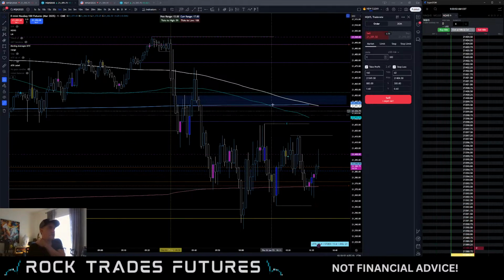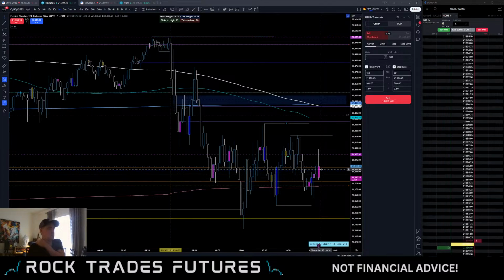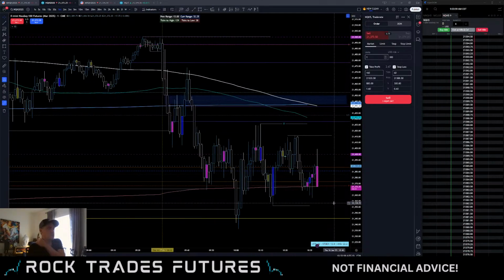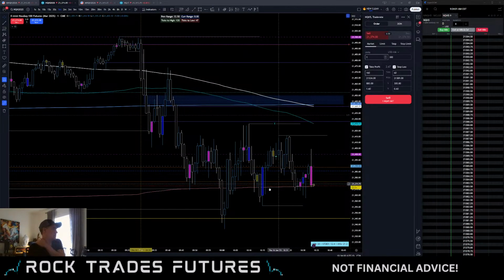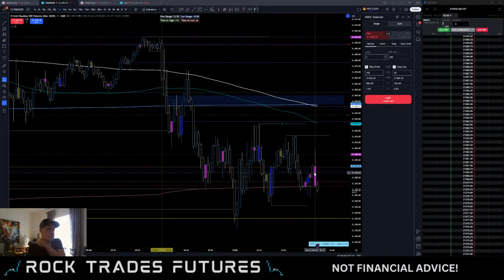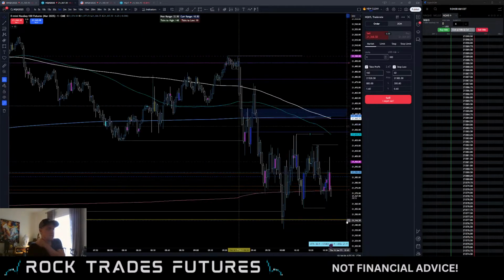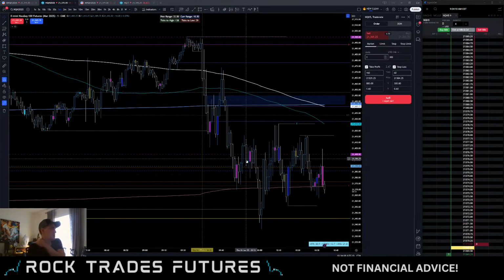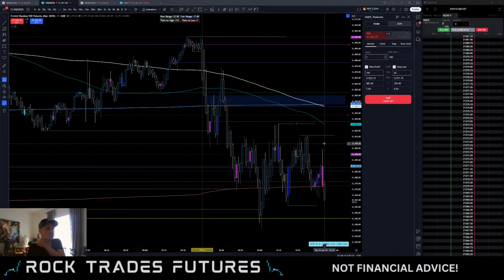Actually really proud of myself for not pushing any buttons yet today. That in and of itself, when you take my whole journey as a developing trader into consideration, is a huge win. This really big reversal short candle is interesting because it could signal that on the 1 hour, I mean the new 30-minute candle, just put in our big wick.